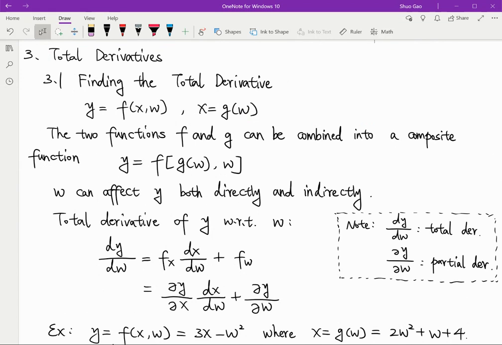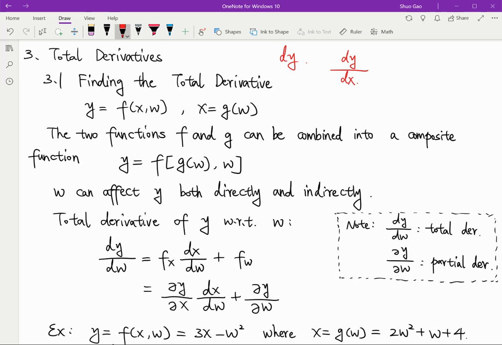For total differentials, we call this dy, right? So the change of y, given a very small change of all the variables, is called dy. So dy is called the total differential. But total derivatives means dy over dx, for example.